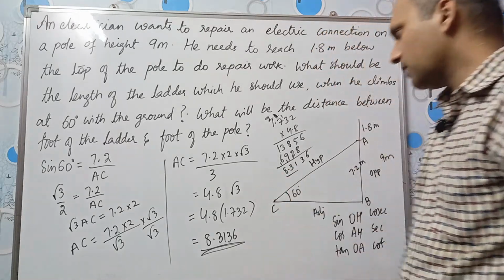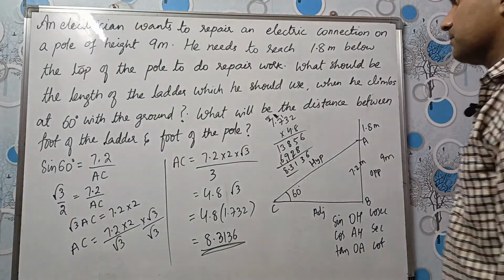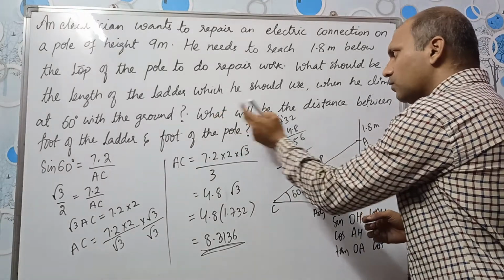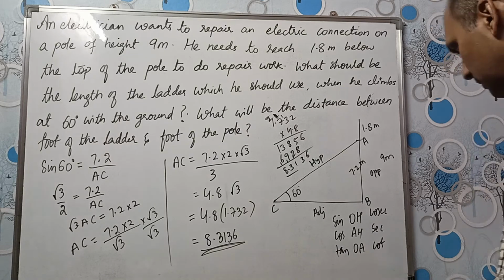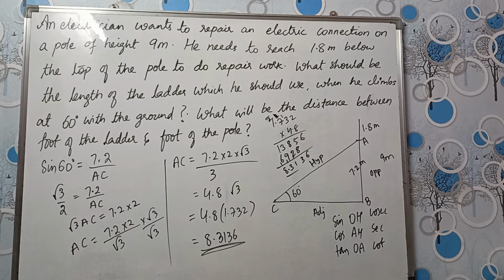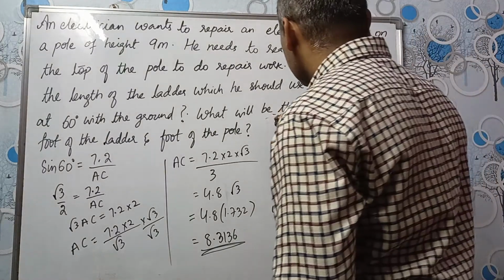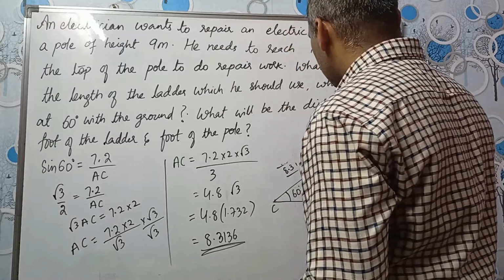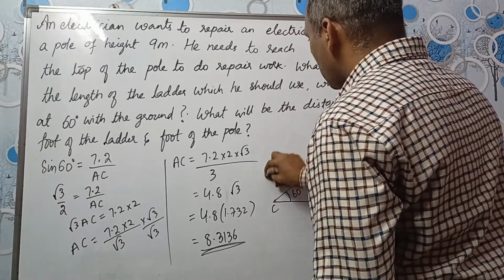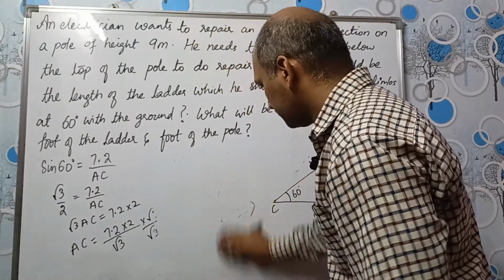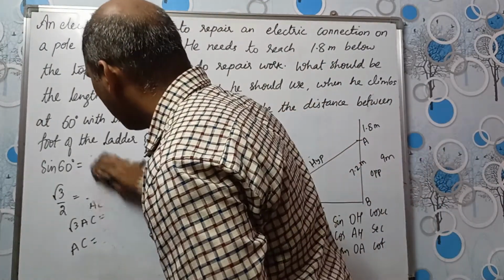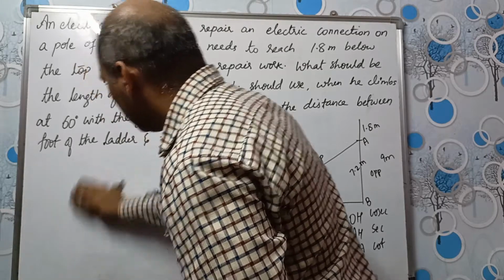Alright, meters of course. Okay, and yes, we need to find what will be the distance between the ladder and the foot of the pole. Alright, so let me just rub this. I don't have enough place here. Half of the board I wrote the question, right? Okay, that was the length of the ladder.